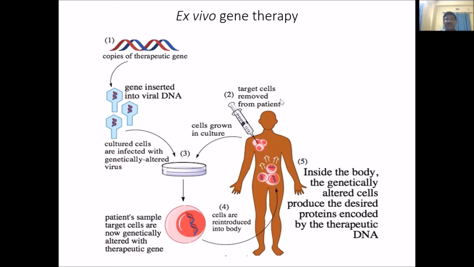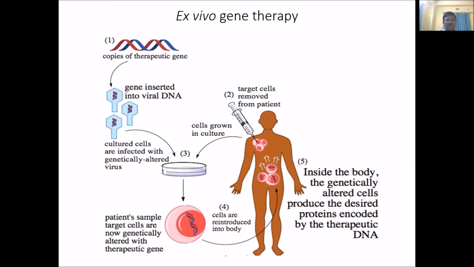Target cells, they have been removed from the patients. That means we have removed the cells from the patient itself. Suppose you have taken out the lung cells from the human being, we have grown these defective lung cells which are more prone to develop lung cancer, say for example, or some p53 mutation, into a culture plate, and into that defective cell you are introducing the therapeutic gene.